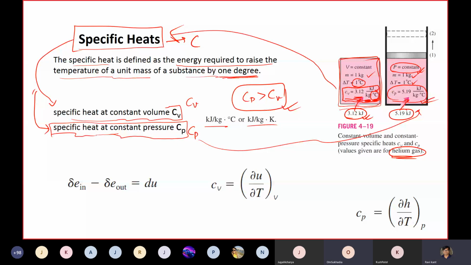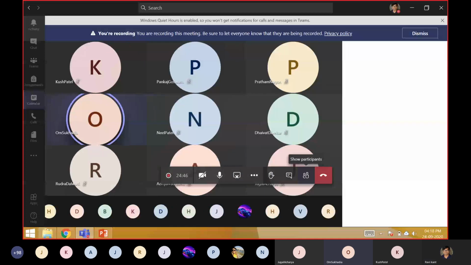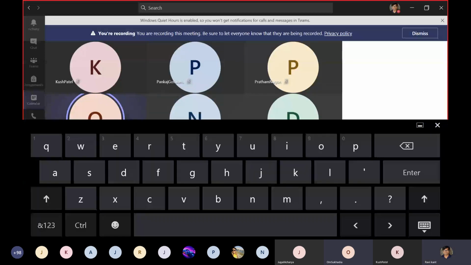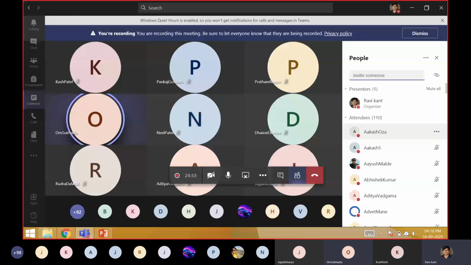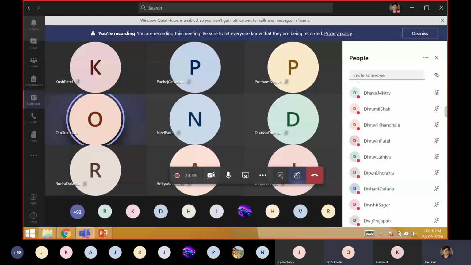Can you comment on the relation that delta H is equal to... Don't remember the relation. Can you comment on this?